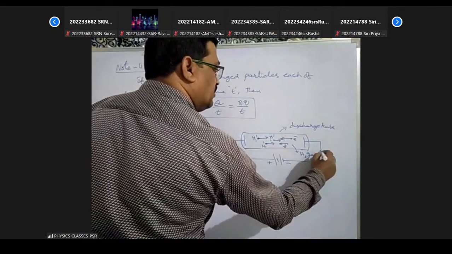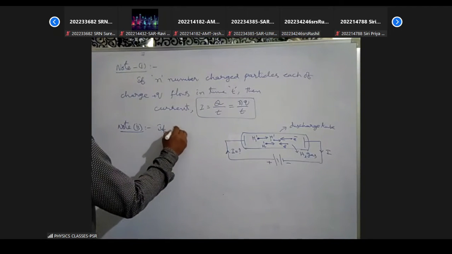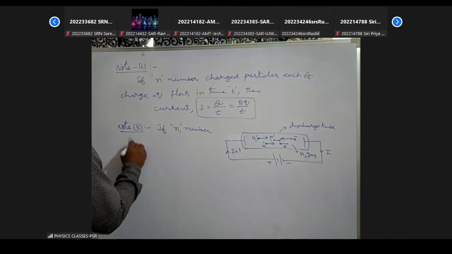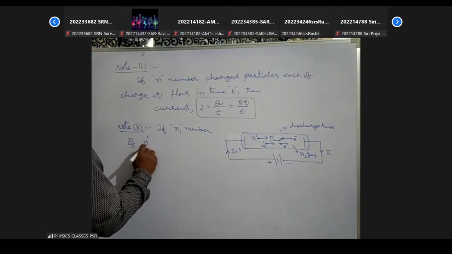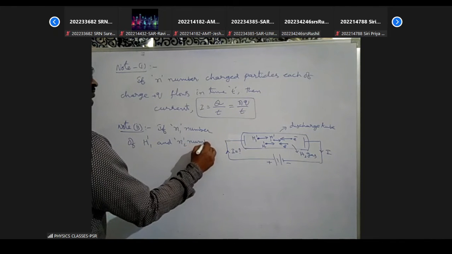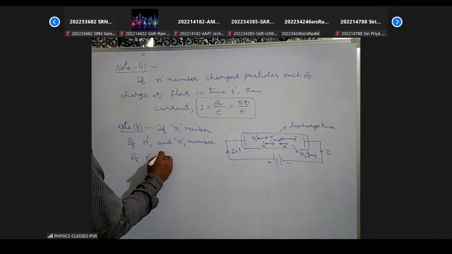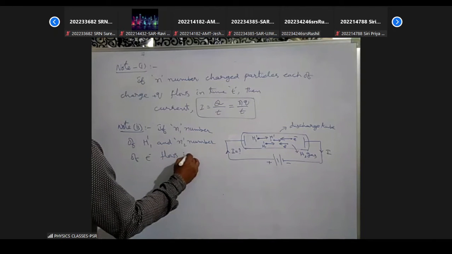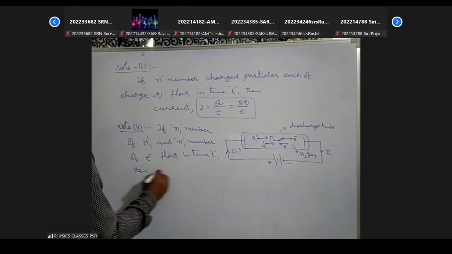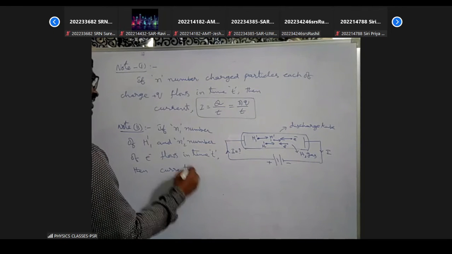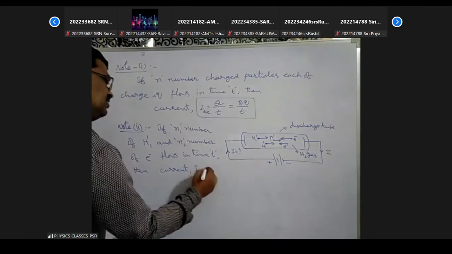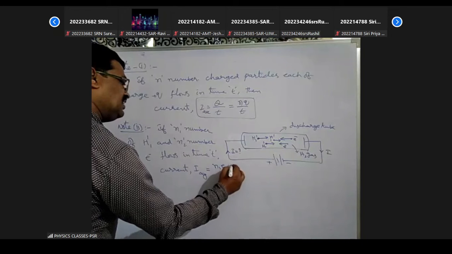If N1 number of protons H+ and N2 number of electrons flow in time t, then the average current in general is equal to N1e plus N2e.